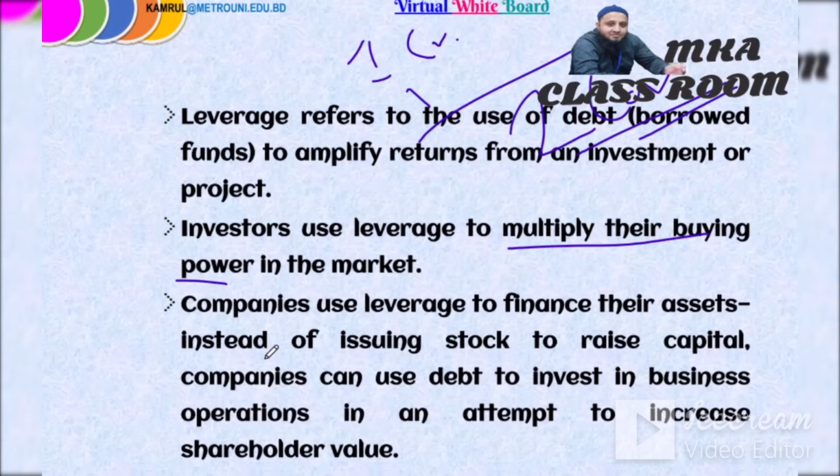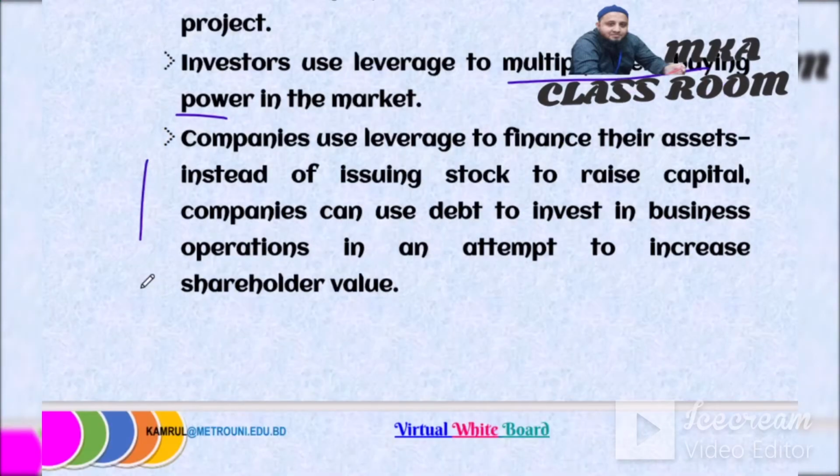Companies use leverage to finance their assets instead of using stock to raise capital. Companies can use debt to invest in business operations in an attempt to increase shareholders' value. So in this way, leverage can be used to enhance shareholders' value.